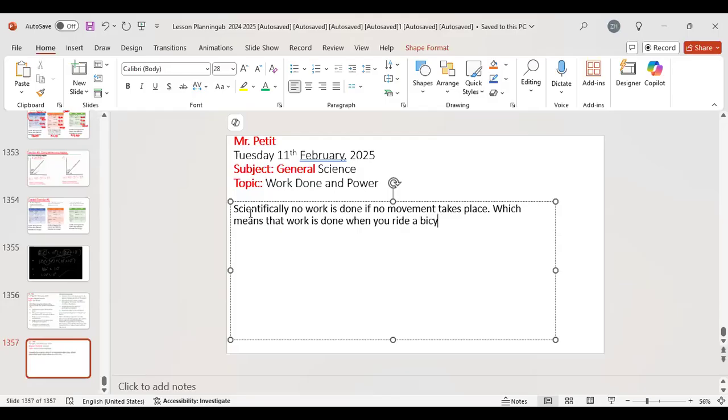Why is work done when you ride a bicycle? Because the bike is moving, because you have to pedal the bicycle. There's movement.